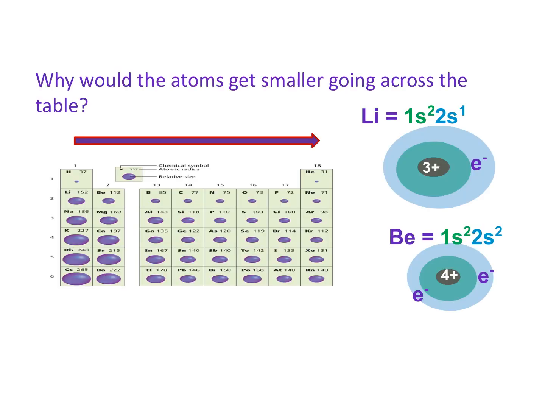So we can see here we've got lithium in period 2, family 1, and we have beryllium here in period 2, family 2. And you can see that beryllium, even though it's number 4, is smaller than lithium, number 3. So why would the atoms get smaller going across the periodic table?